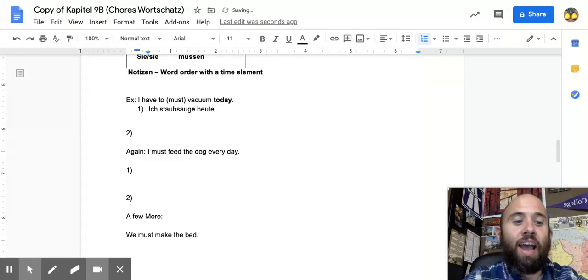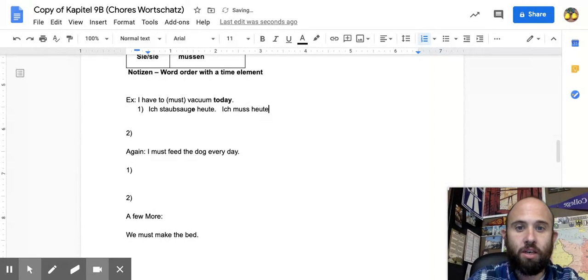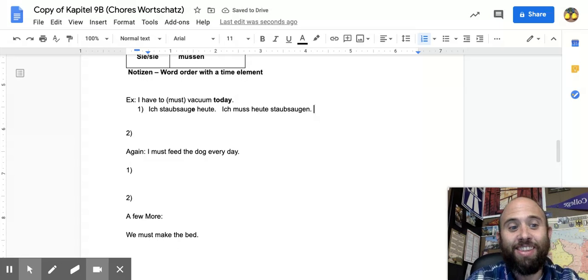I want to say I have to. Look at what I need to do. I use müssen. It goes where staubsaugen is. Ich muss. Ich muss heute staubsaugen. Staubsaugen goes to the end, and this time when I do that, I don't conjugate it.